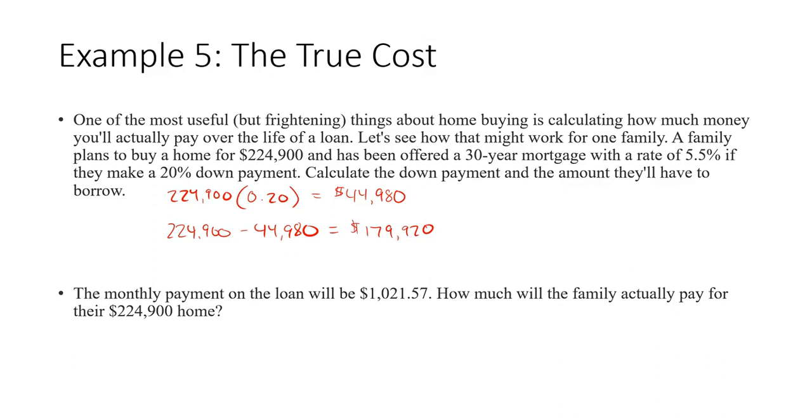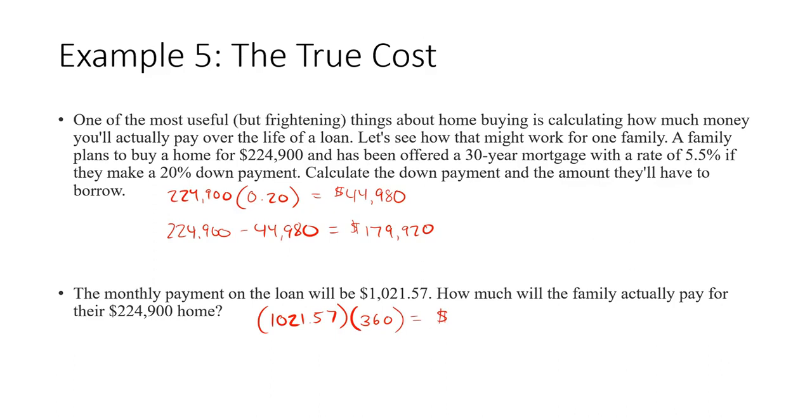So we know the monthly payment from this loan is $1,021.57. How much are we going to actually pay for the home? What's the total installment price in this case? Well, it's the monthly payment times the number of payments, 1,021.57, times the number of payments in 30 years, 30 times 12. You'll make 360 payments in 30 years.